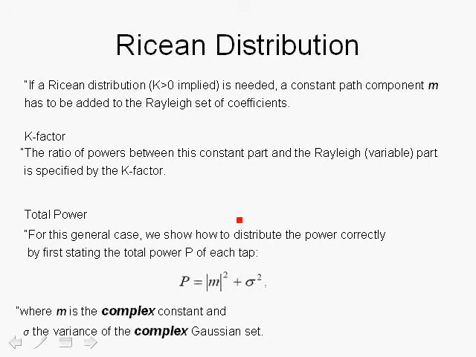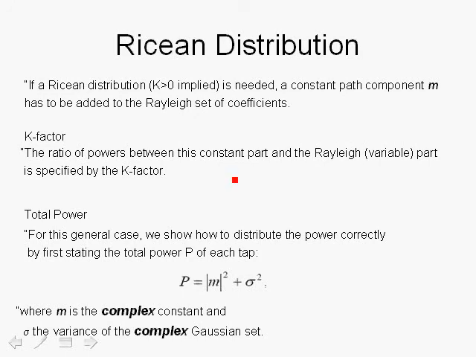So again, if we have a power spectral density due to Doppler, in the case where K is equal to 0, non-line of sight, the signal can be modeled as originating from two normal Gaussian distributions, one for the real part, one for the imaginary part, and their magnitude exhibits a Rayleigh distribution.